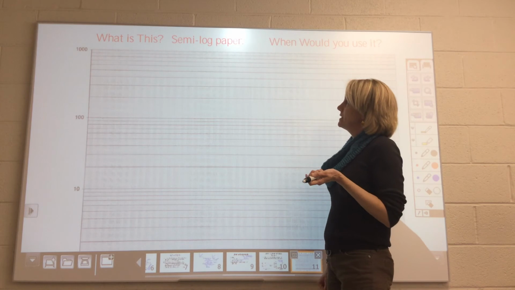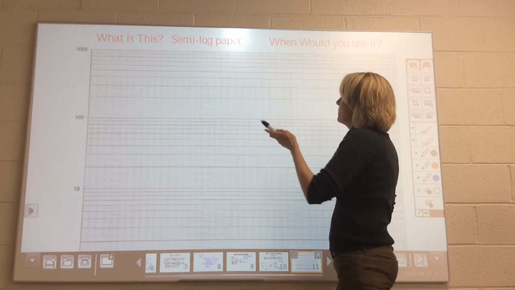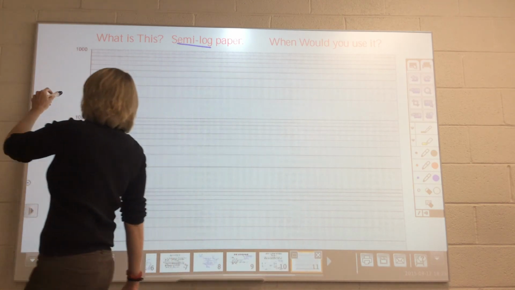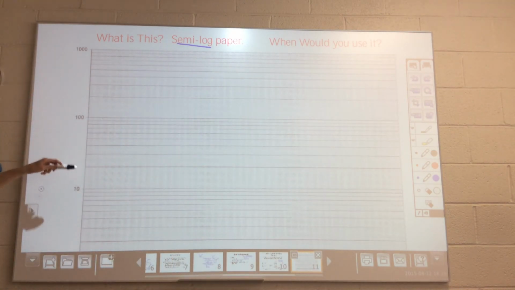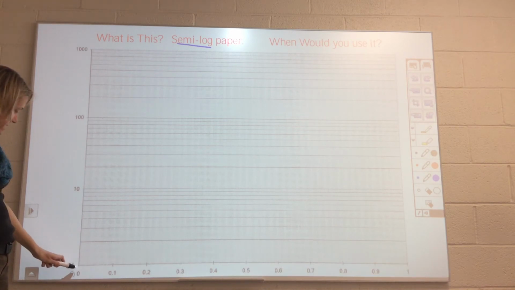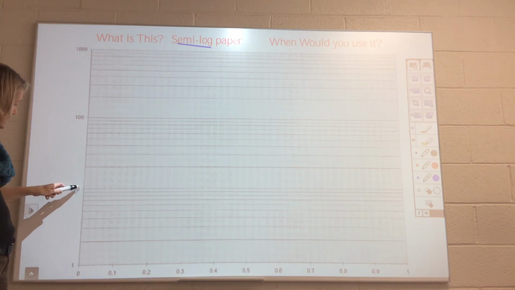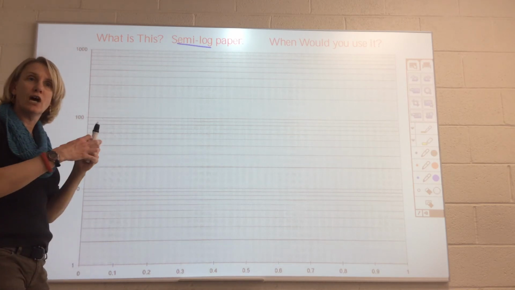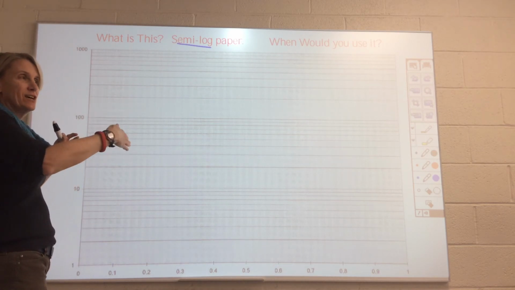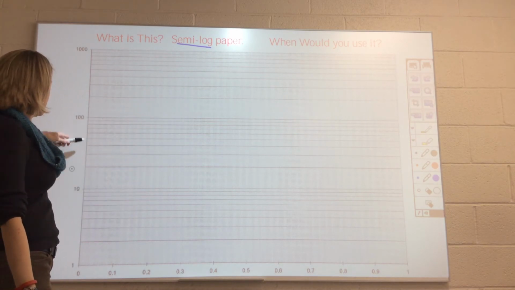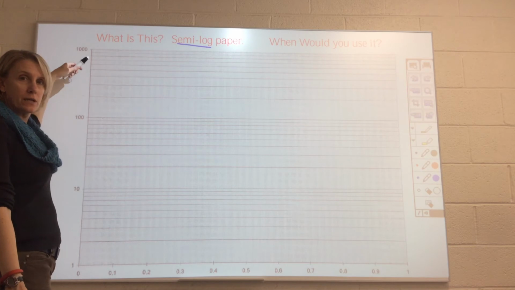This is semi-log paper, and it's semi-log paper because if you notice, the y-axis is kind of weird. The spacing starts down here at 1, and it goes to 10, 100, 1,000. It's just like we were talking about when we were looking at yeast going up. It's not going up by a constant number, but it's going up by exponents of 10.